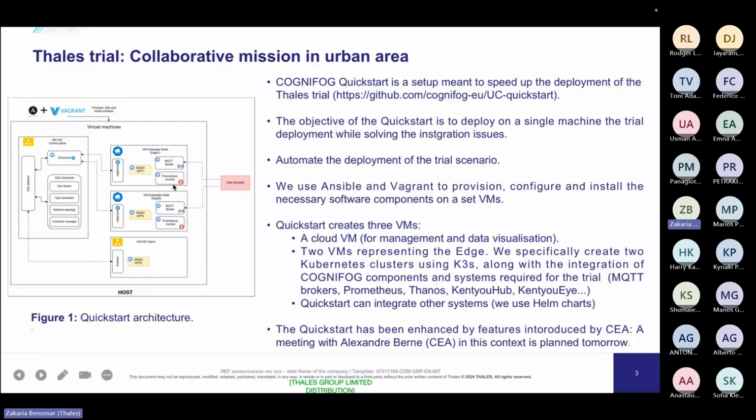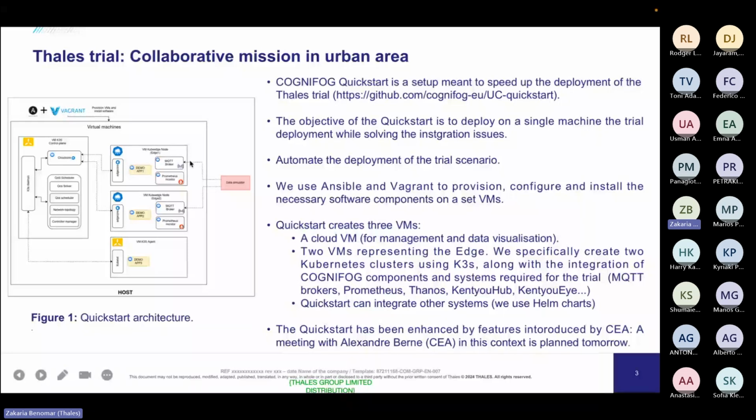Then you will have 2 other VMs that represent the edge, and we specifically create 2 Kubernetes clusters using K3s, along with the integration of components, either from COGNIFOG or other components that we need for our trial.